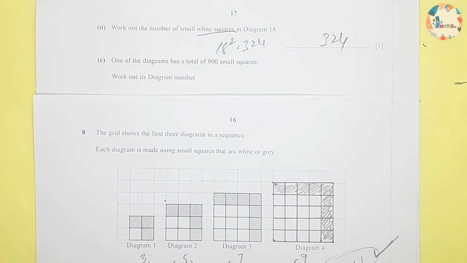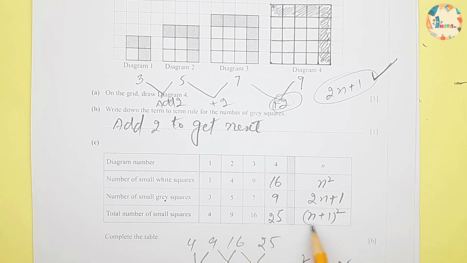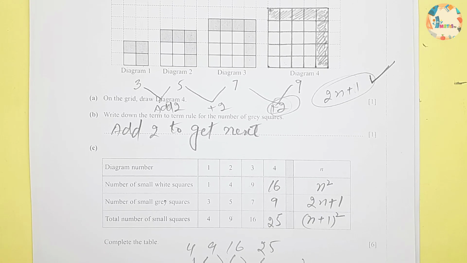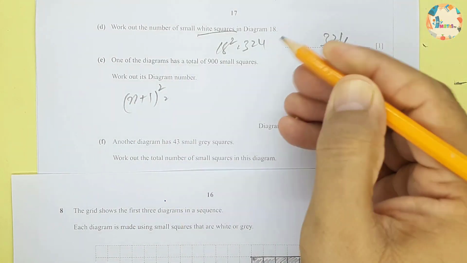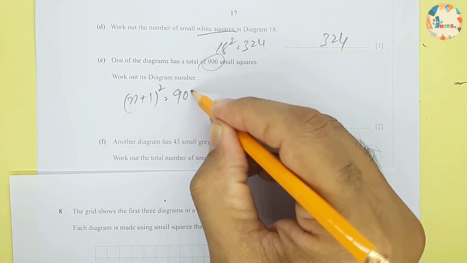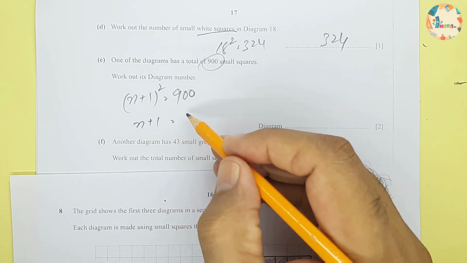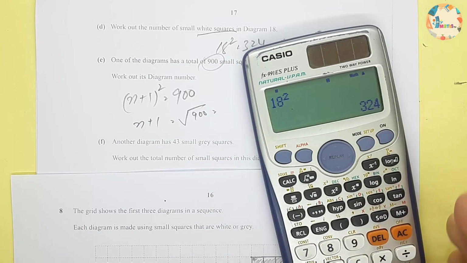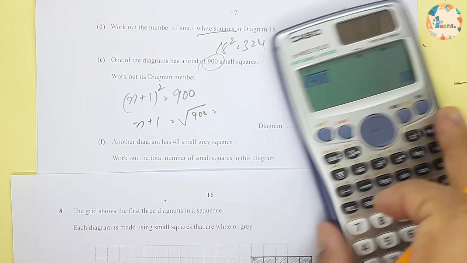One of the diagrams has a total of 900 small squares, and for the total number of small squares we have the formula n plus 1 square. So n plus 1 square is equal to 900. It means n plus 1 is equal to plus or minus the root of 900. We ignore the minus because it cannot be negative. The root of 900 is 30.